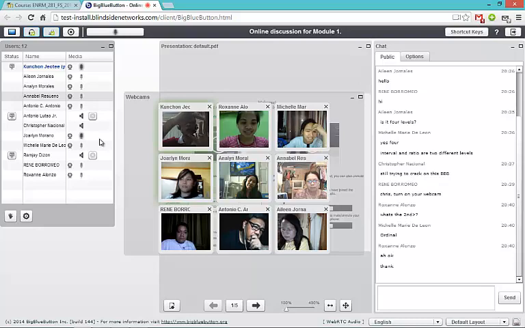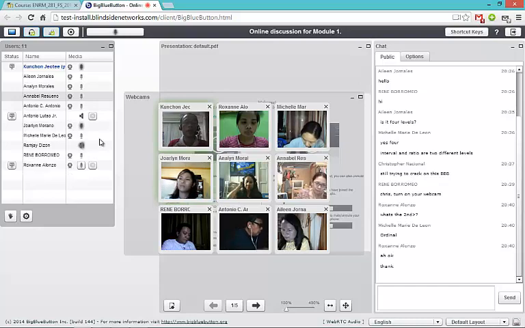So the distance between 1 and 2, and 2 and 3, is not the same. This is ordinal. If you notice, interval and ratio have the same distance between the numbers, for example 1, 2, 3, 4. They will have the same distance, but ordinal has different distances.